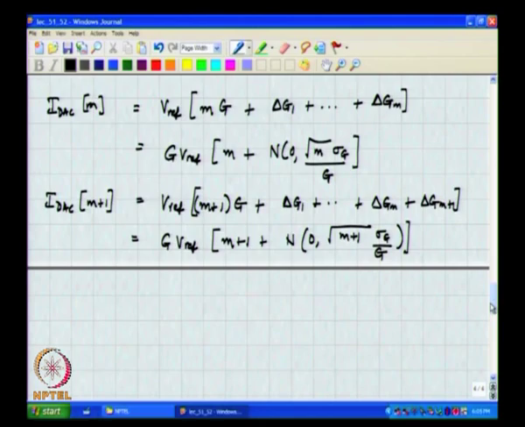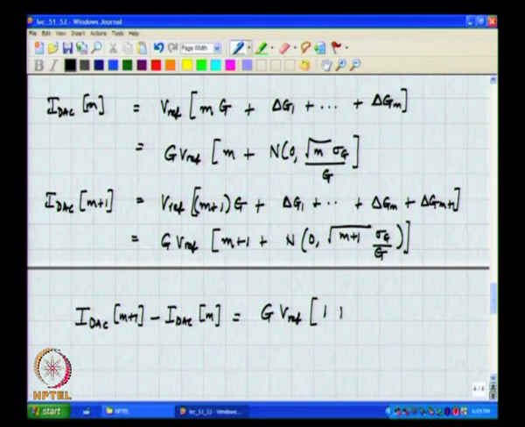Okay. However, what can you say about IDAC of M plus 1 minus IDAC of M? Is G times Vref, fine, times 1 plus N of, see, that is the catch.